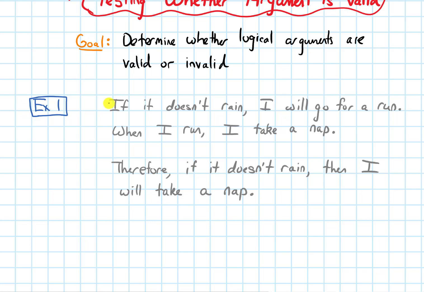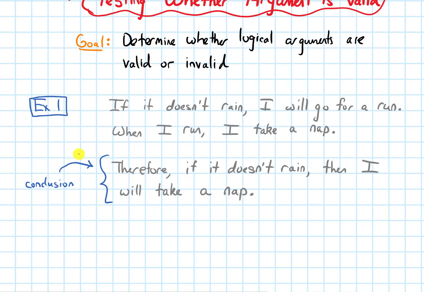So first I want to introduce some terminology. The stuff that ultimately I am trying to determine whether it happens or not, in this case that's everything that comes after the word therefore. This is called the conclusion of the argument. I'm trying to conclude that if it doesn't rain, then I will take a nap.